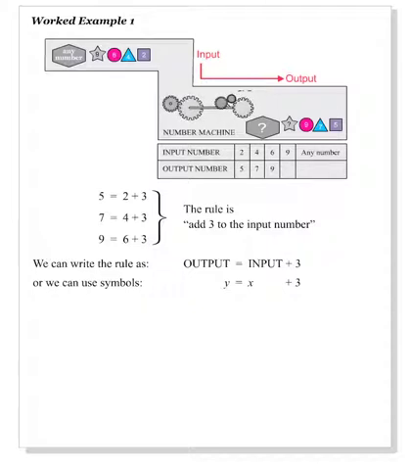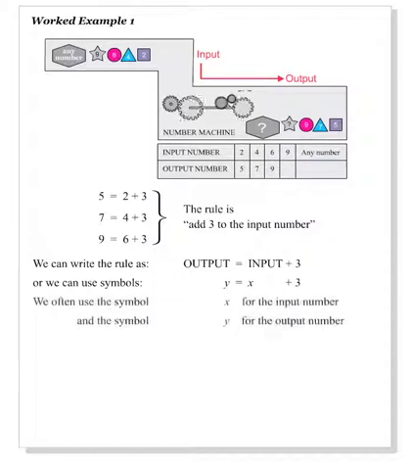We don't want to write the whole word output and the whole word input, so we use a shorthand form. Y for output and X for input. Of course, we could use any letters to represent that. But in this case, we have chosen Y and X because these letters are very often used in algebra.